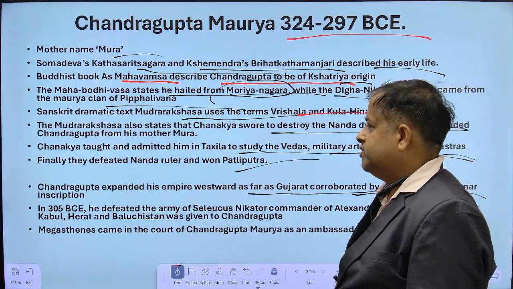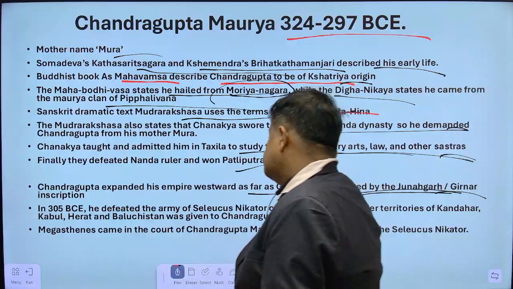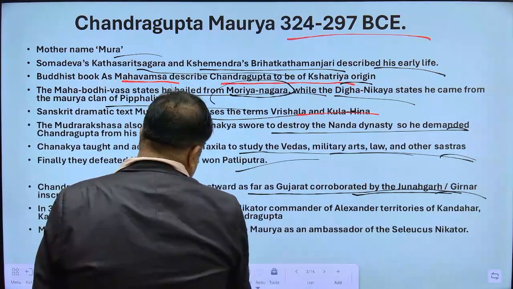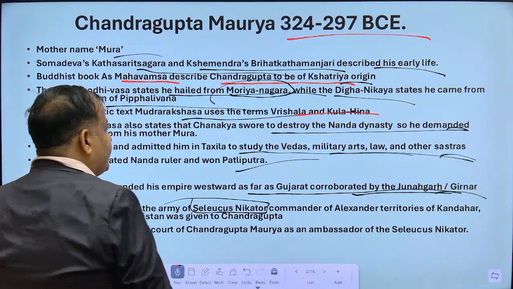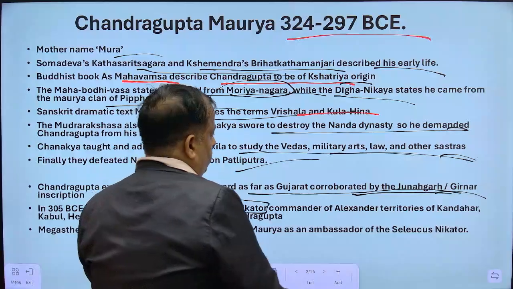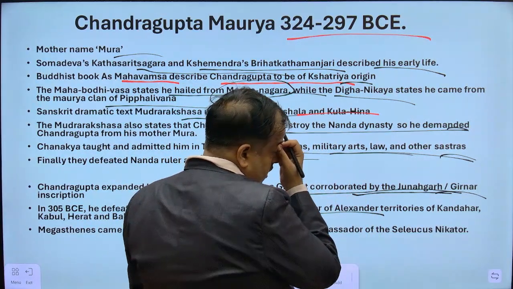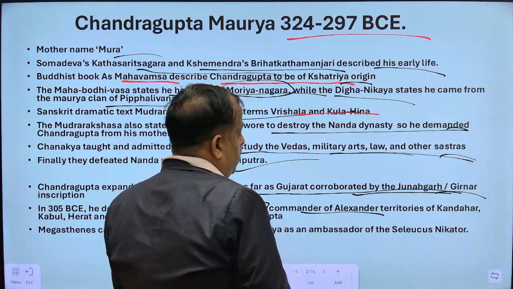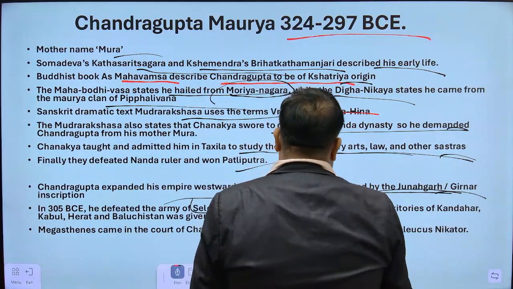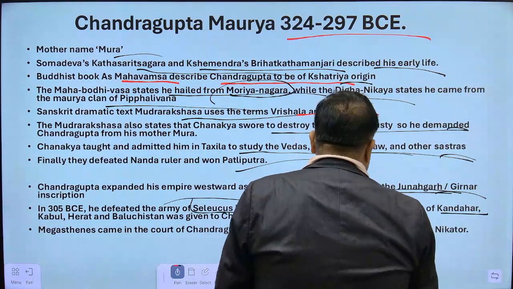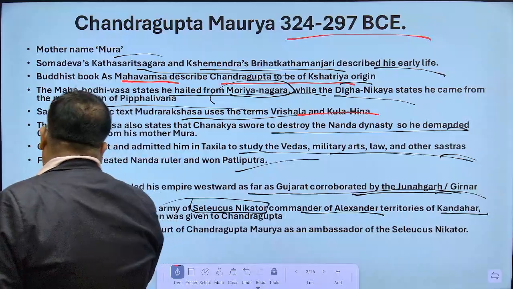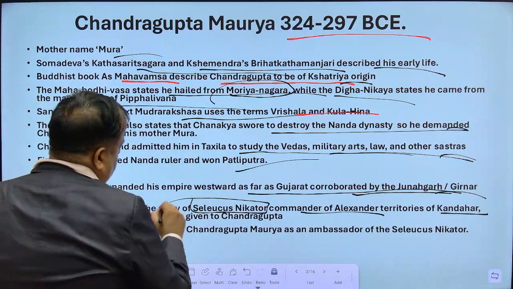In 305 BCE, Chandragupta defeated the army of Seleucus Nicator, the commander of Alexander. But who actually defeated whom is not mentioned in any book. After this battle, Seleucus Nicator surrendered Kandahar, Kabul, Herat and Baluchistan.